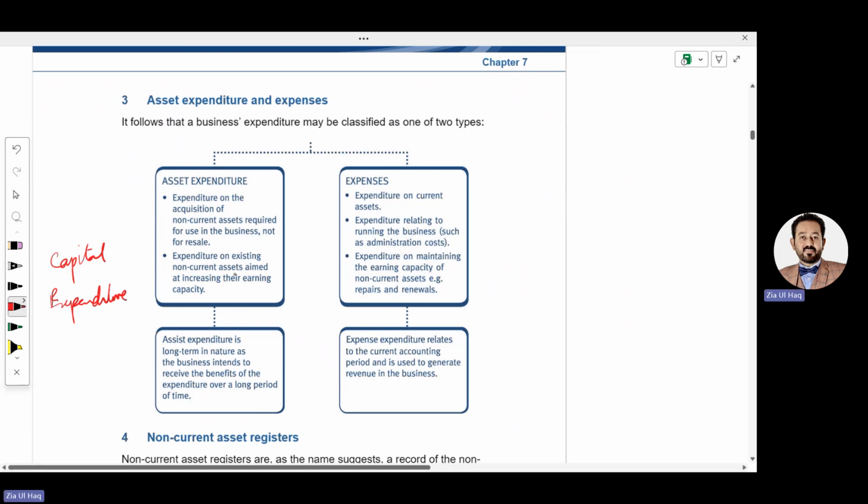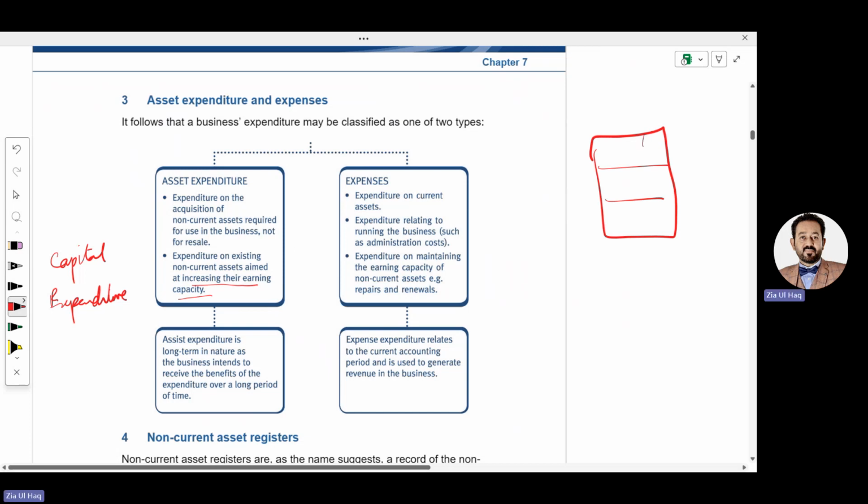Expenditure on existing non-current assets aimed at increasing their earning capacity. Meaning if any expenditure incurred on the asset will increase its earning capacity, we will record it as capital expenditure. Like we have a building. In our building, we have 3 rooms.